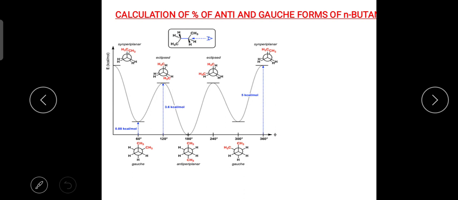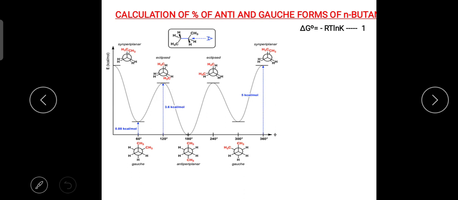In case of n-butane, different structures have different energy, and the population of the various conformers is related to their energy difference by a simple equation, that is ΔG = -RT ln K, where ΔG° is the conformational free energy, which is equal to the excess of standard free energy of one conformer over that of the minimum energy conformer.